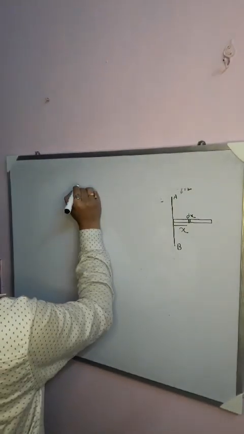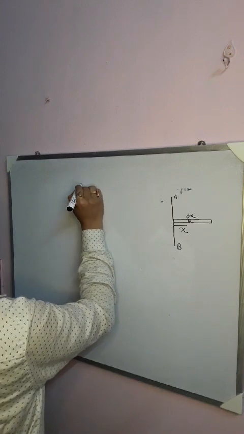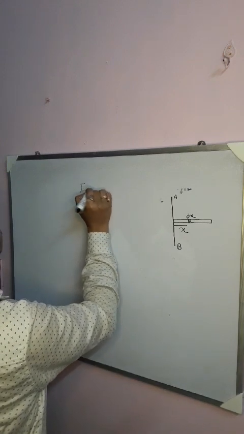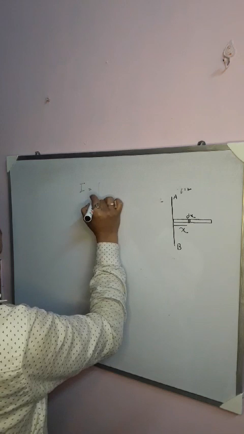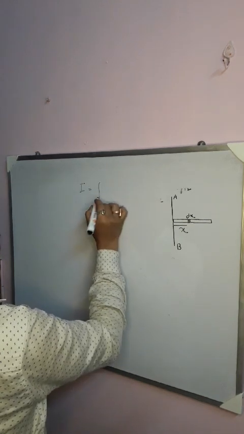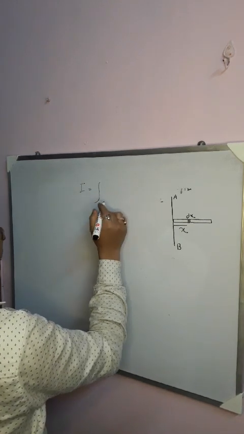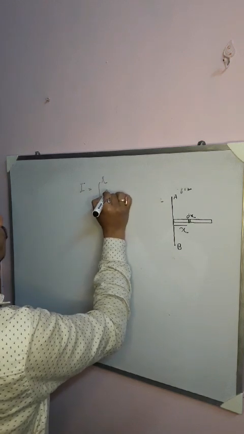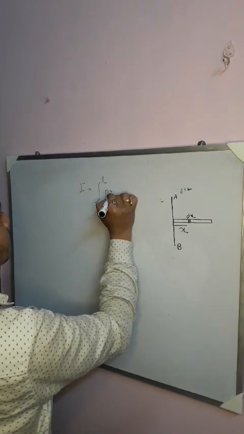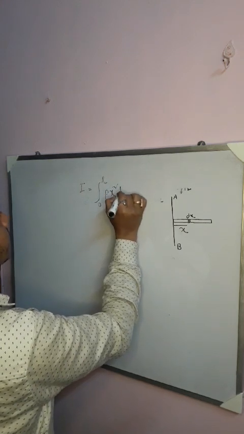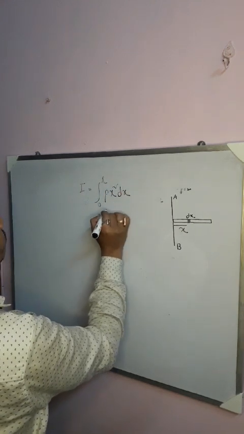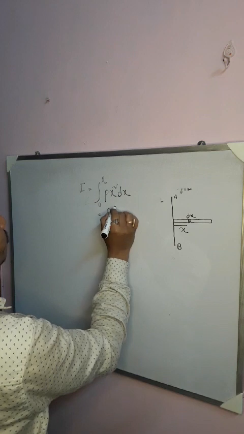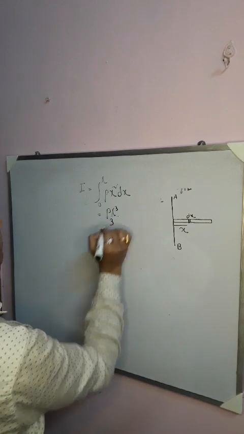So the total moment of inertia is the integral from 0 to L of rho x square dx. If we integrate it, that will become rho L cube by 3.